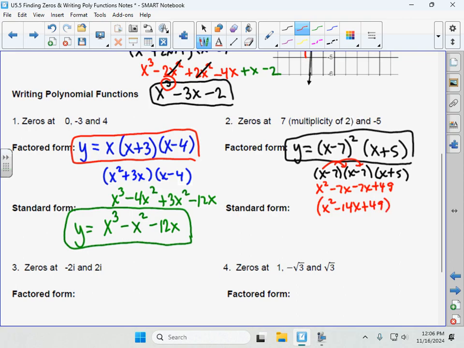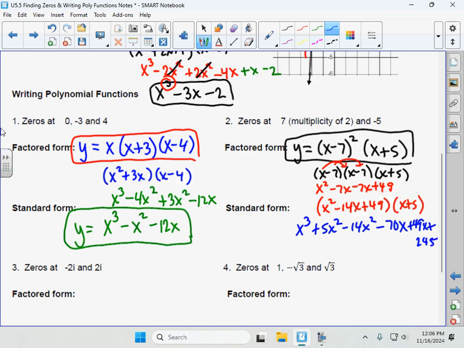Okay, and now we'll bring down that x plus 5, and we'll multiply those out. All right, so 49 times 5, let's see, 245.